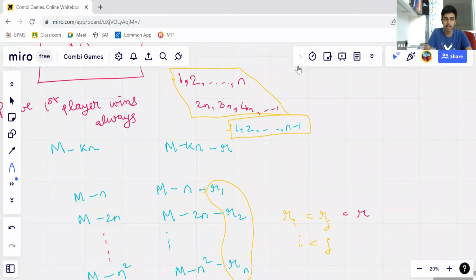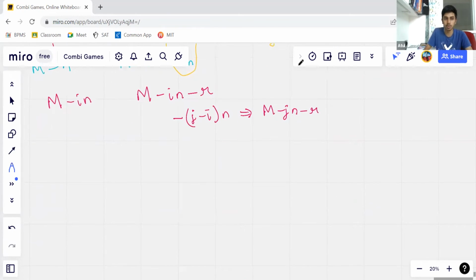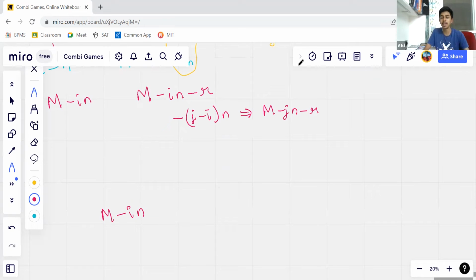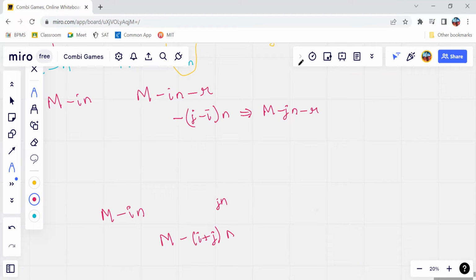So note that the response cannot be a multiple of n, because suppose I subtracted in, made it m minus in, and B's strategy is to subtract a multiple of n, say jn. So now the new number is m minus (i plus j) times n, which the first player could have reached on his first turn directly. So this can't be winning for the second player because it's winning for the first player too, right?